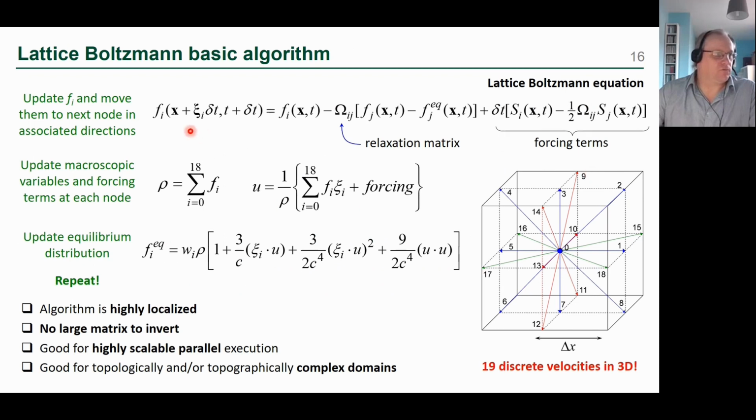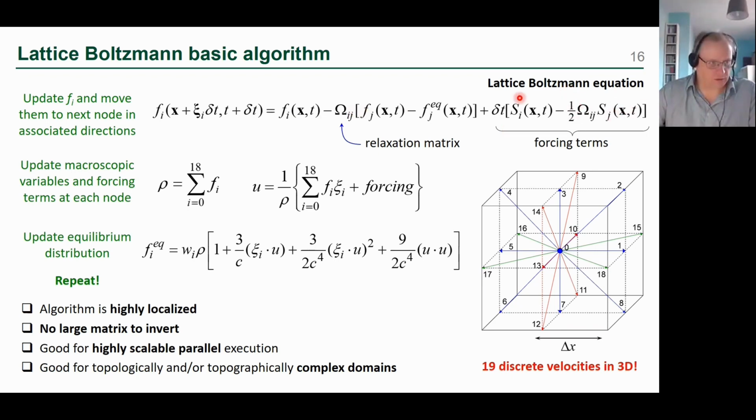In discrete form, it looks like this. The process is that we start off with a distribution of f, these discrete distribution functions, and at each time step we update those and move them to the next lattice site. So it's a combination of the collision process, and there are some forcing terms as well.